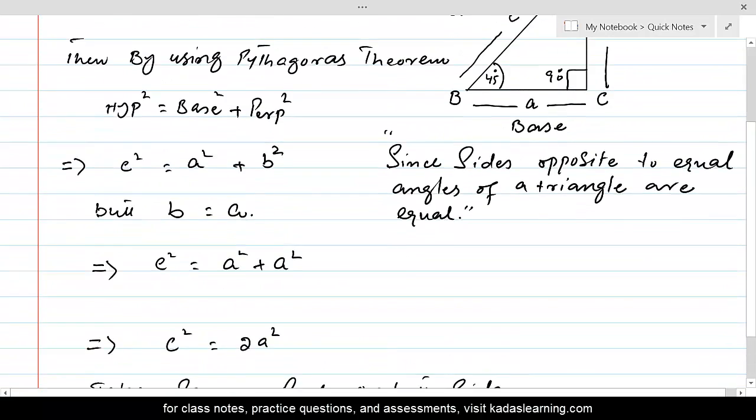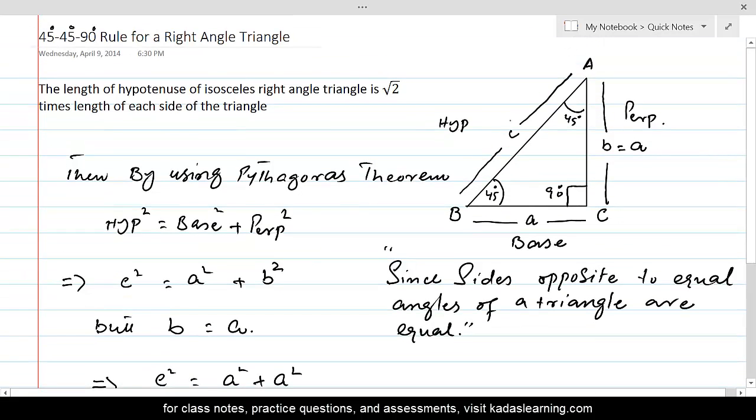This means that for this triangle, C would be equal to under root 2 times A, where A is the length of both equal sides of the right angle triangle, for which the angles are given as 45 degrees, 45 degrees and 90 degrees.